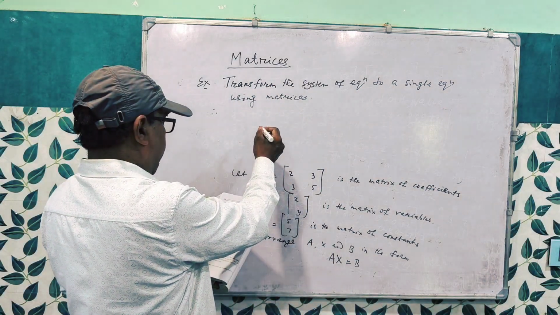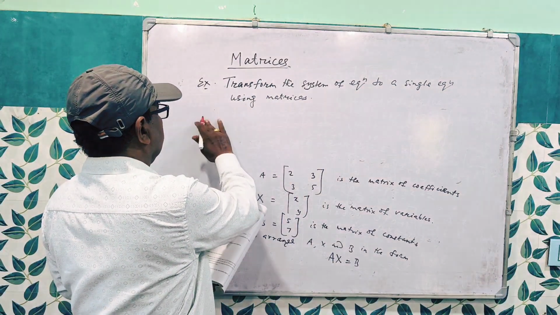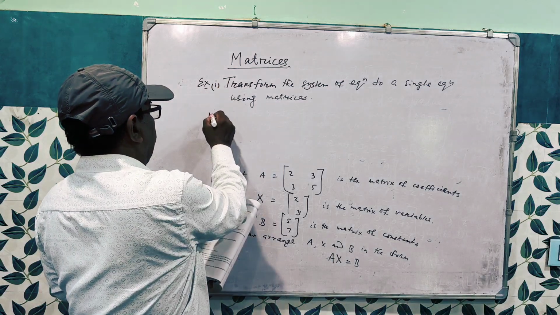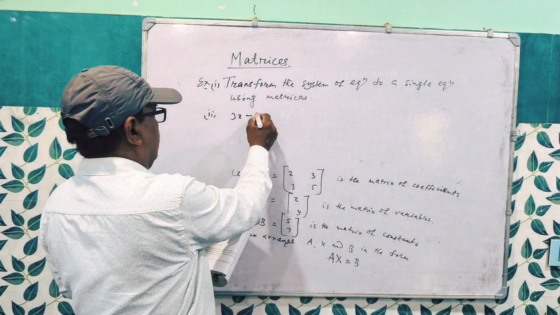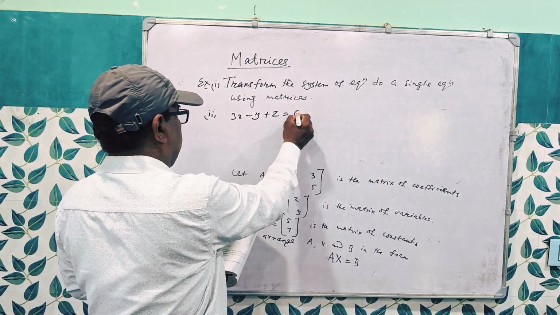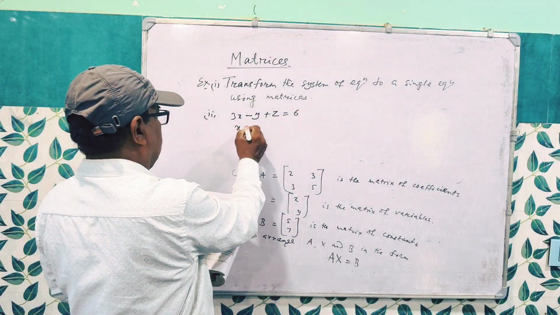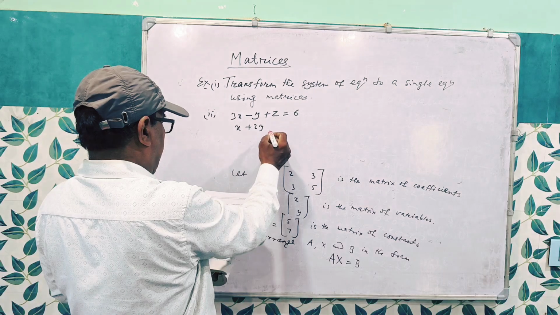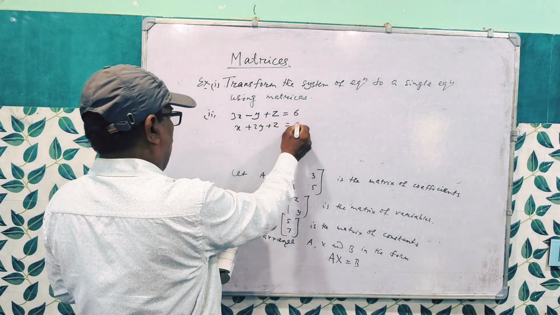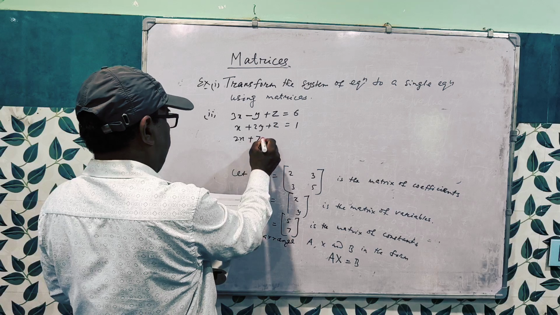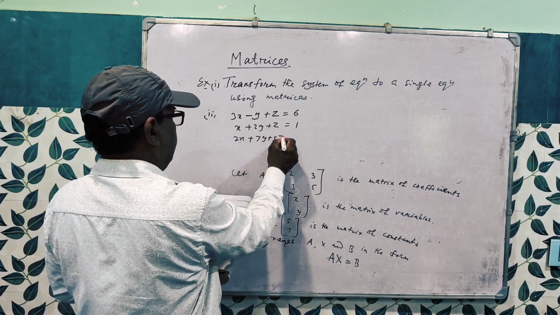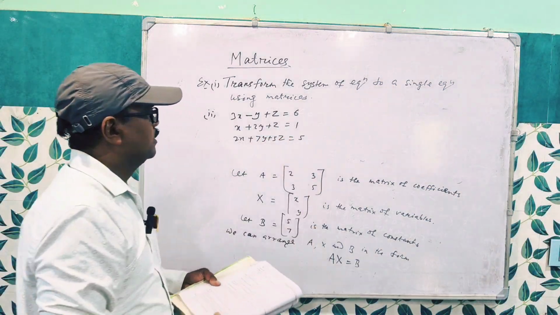Similarly, we can write another equation. Suppose 3x minus y plus z is equal to 6, x plus 2y plus z is equal to 1, 2x plus 7y plus 5z is equal to 5.